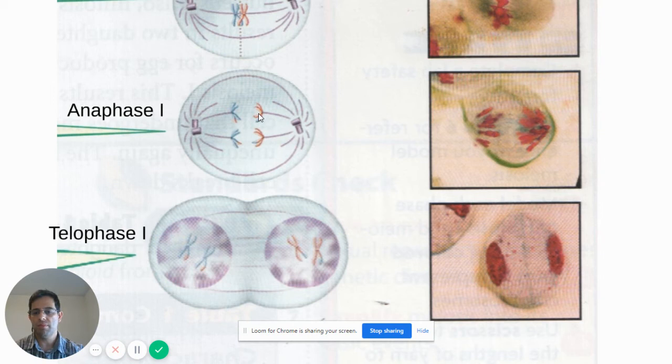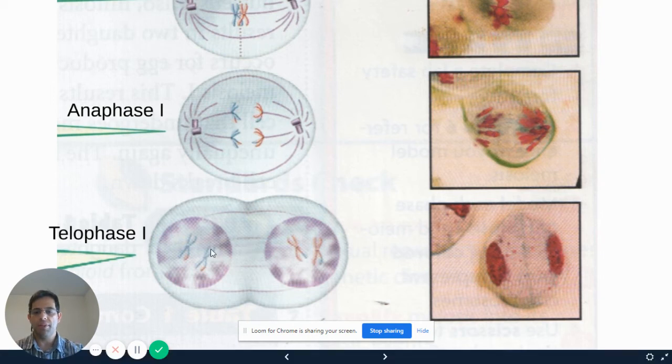And finally, the telophase. The telophase is when the chromosomes are in distinct parts of the cells and cytokinesis starts happening. So you can see already the division of the cell happening here in the middle, and the nuclear membrane starts forming once again. All right.